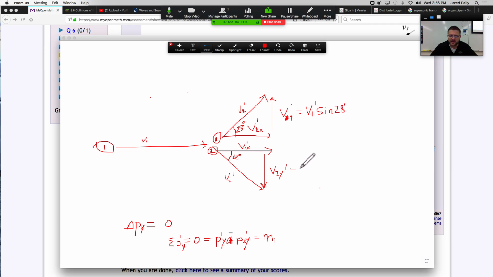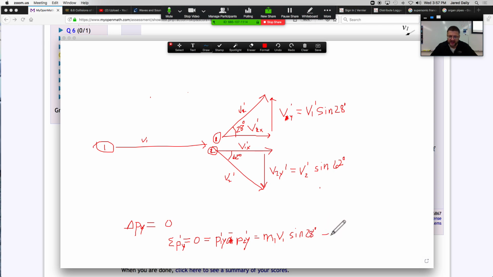And this one here is going to be velocity 2 prime times the sine of 62 degrees, and that one's the negative one, but we already put the negative down here. So for the momentum 1, we have mass 1 times velocity 1 times sine 28 degrees.